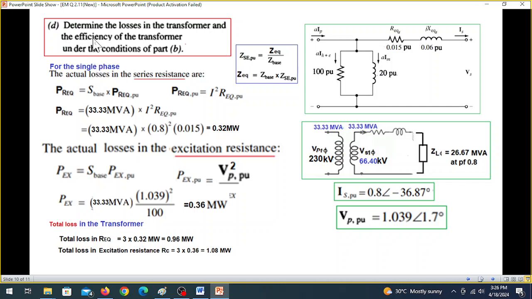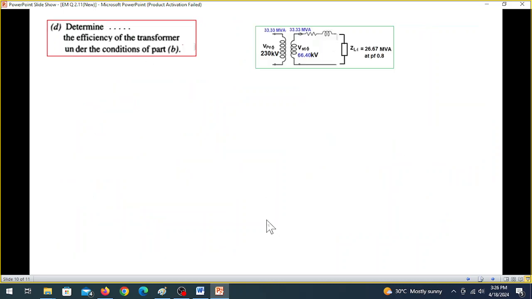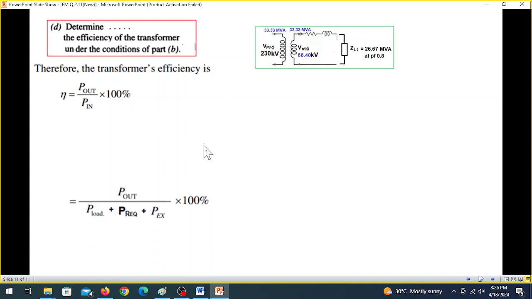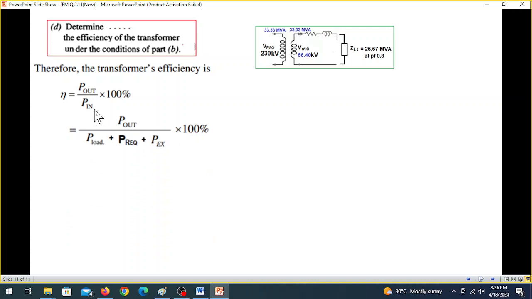Then there is another part, which is to find the efficiency of the transformer. So the efficiency formula is this one: P out over P in into 100. We can find this by the single phase as well, but it is better that we find it for the total overall. So let's see that now. P out and P in can be written in terms of P load, the drop in the resistance, and the drop in the parallel branch.